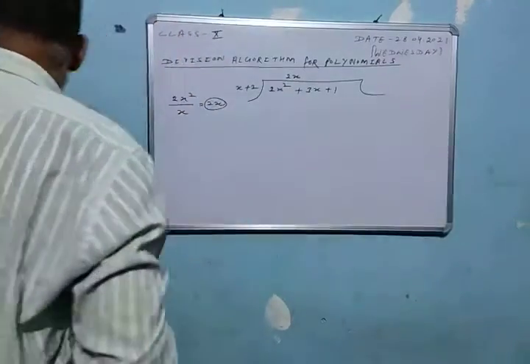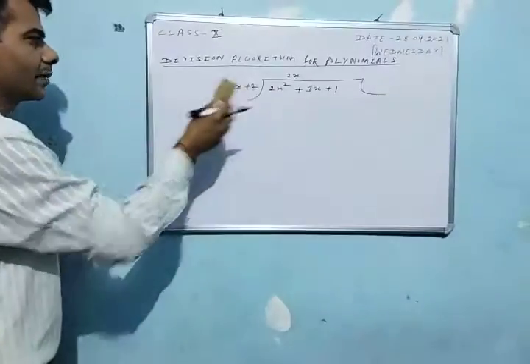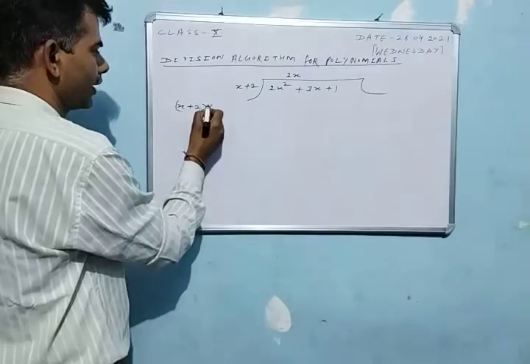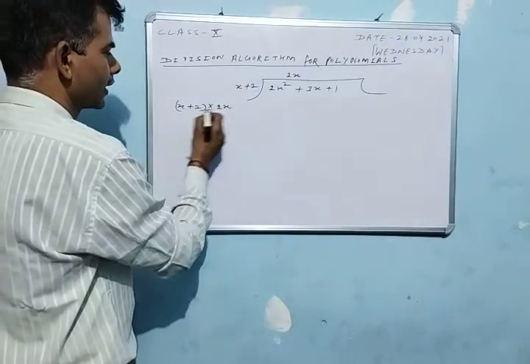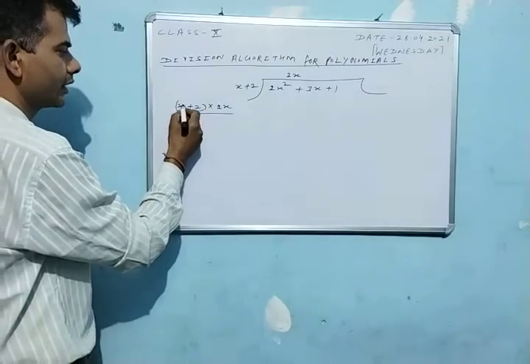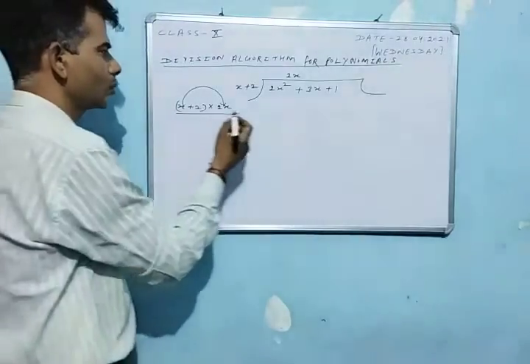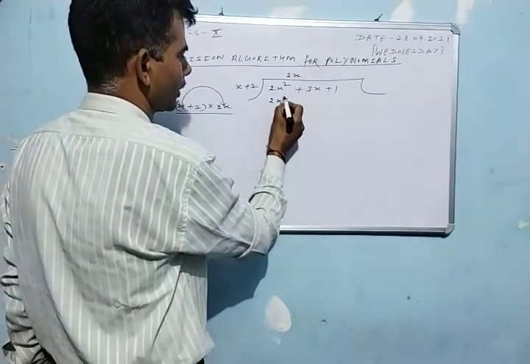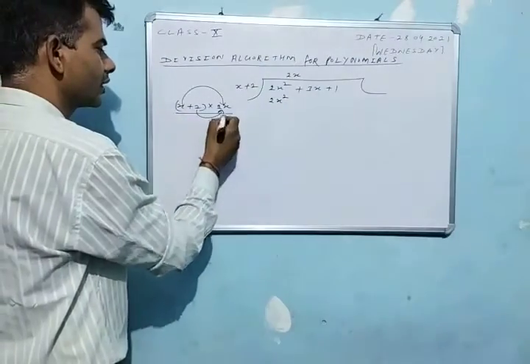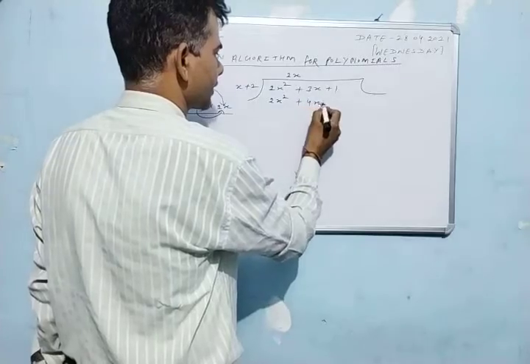The result will be 2x square plus, and 2 multiplied with 2x will be 4x.